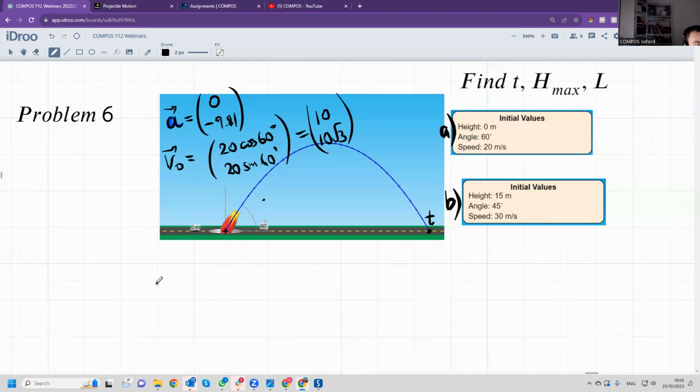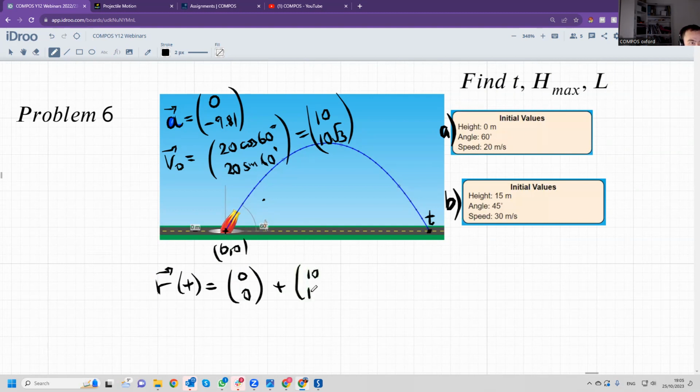So we write down position r of t is equal to the initial position, and this is 0, 0, plus the initial velocity, so it's 10 root 3 multiplied by t, and plus 1/2 acceleration, 0, minus 9.81 multiplied by t squared.